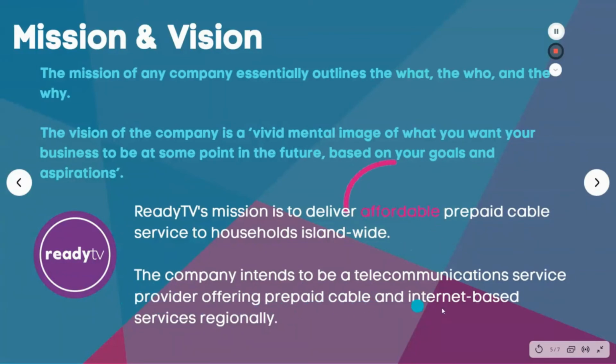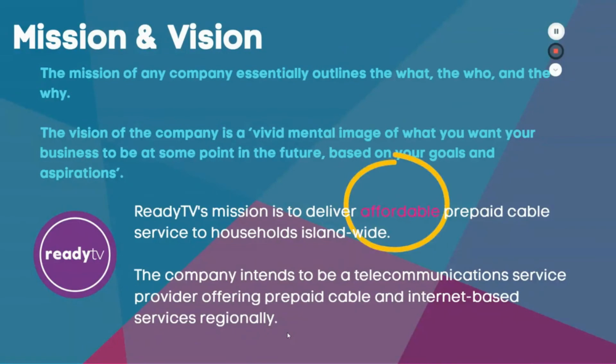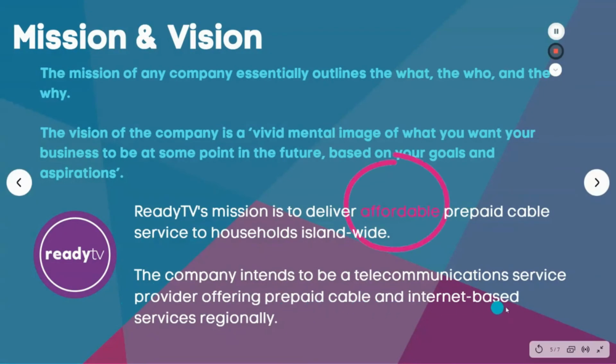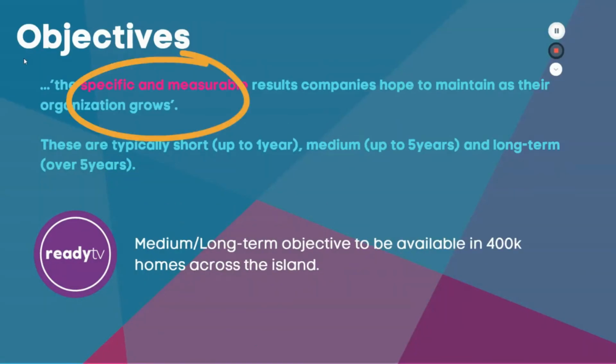It's been reinforced here again, and in fact this whole statement speaks more to the company's vision, which is that not only is it seeking to dominate the prepaid cable market, but the intention is to branch out into internet-based services and to go regional with the offerings.